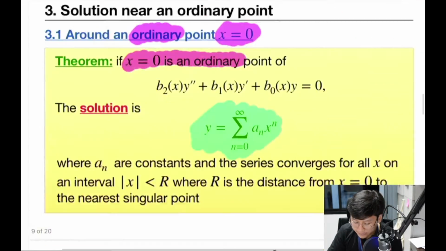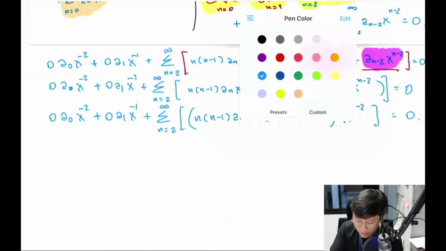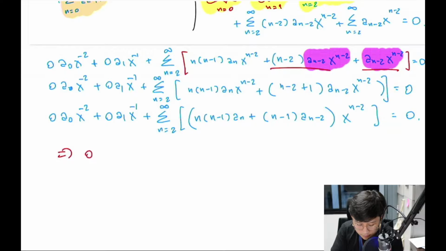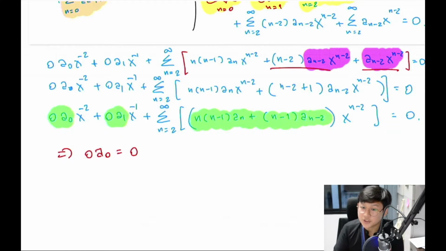That means if you look here, you would have 0·a0 equals 0. It just says that if the summation is 0, the coefficient in front of x needs to be 0.